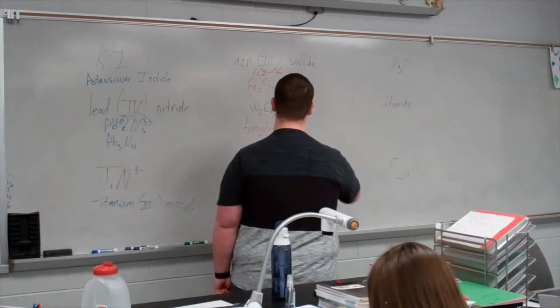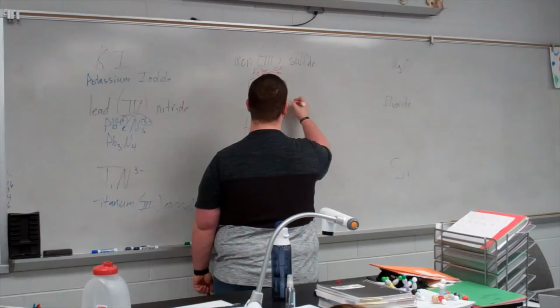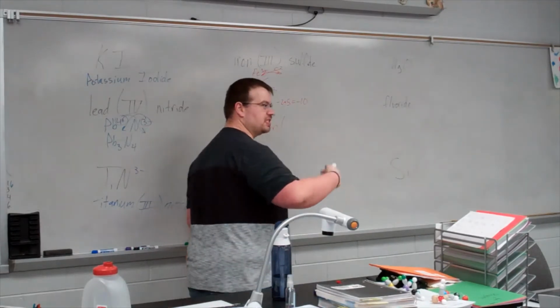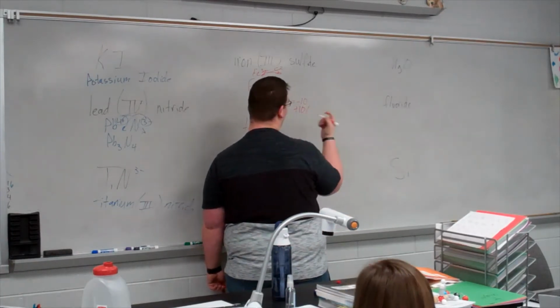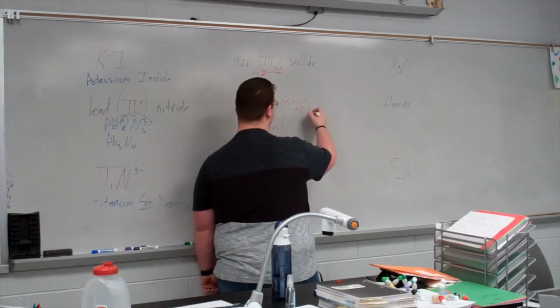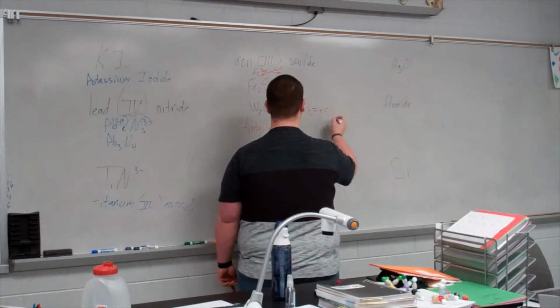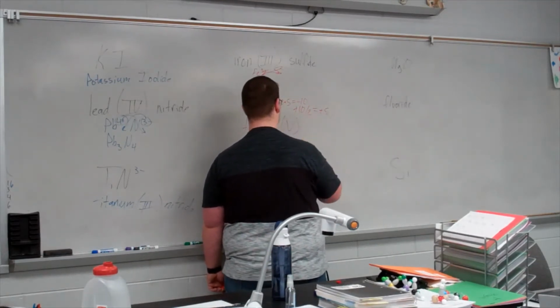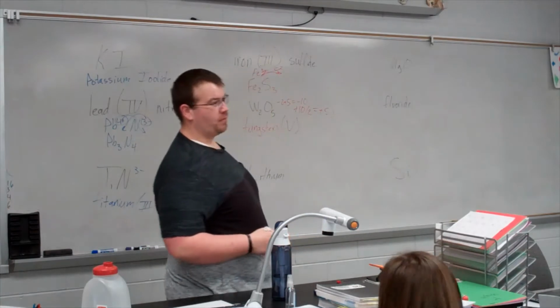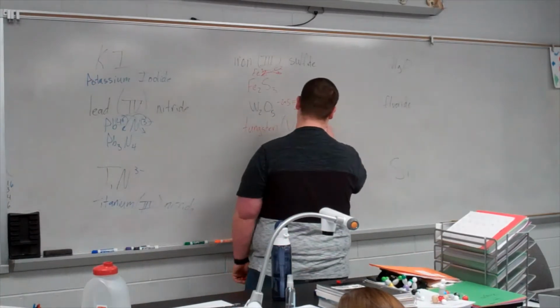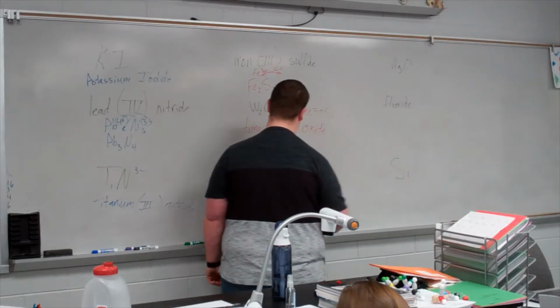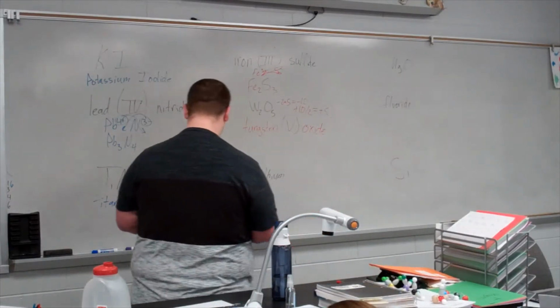What's the charge on oxygen? -2. There's 5 of them, so -2 times 5, -10. That means the overall charge of tungsten has to be +10. +10 divided by the number of tungsten we have, which is 2, gives us a +5. So V, which is the Roman numeral for 5. Oxide. So tungsten 5 oxide.